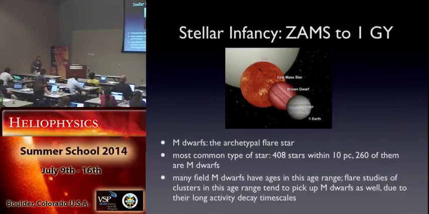But even when you look at observations of stellar clusters in this age range, where you know the ages of the stars, when you look at them for their flares, you still tend to pick up M dwarfs more often than G dwarfs, due partly to the numerousness of the stars, and also partly due to the fact that it takes the M dwarfs longer for their activity to decay.